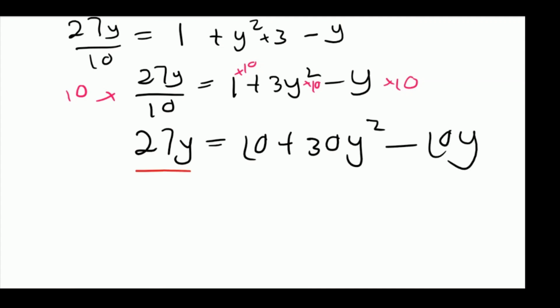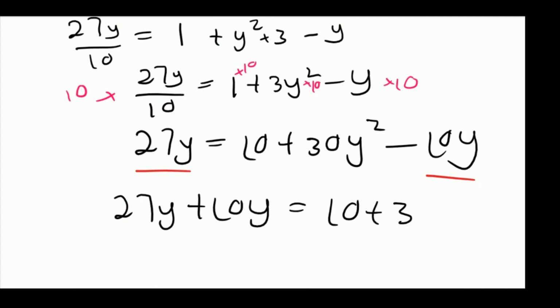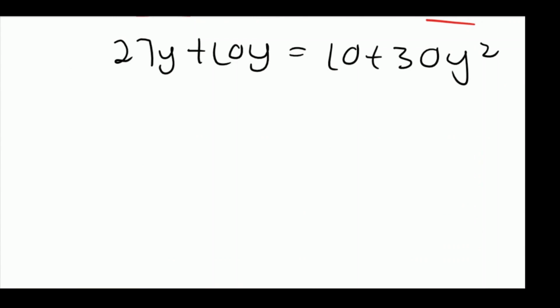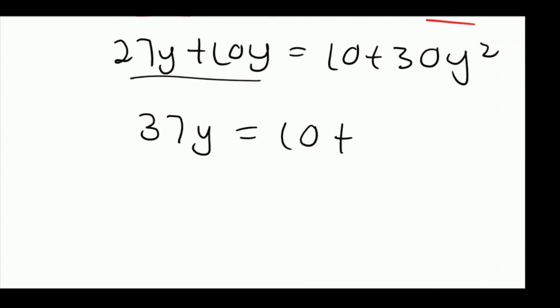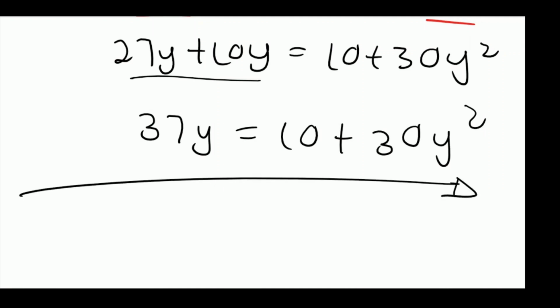We collect the like terms here. So it's going to be 27y plus 10y equals 10 plus 30y squared. And then if you add these two, you get 37y equals 10 plus 30y squared. So we have proven the problem here.